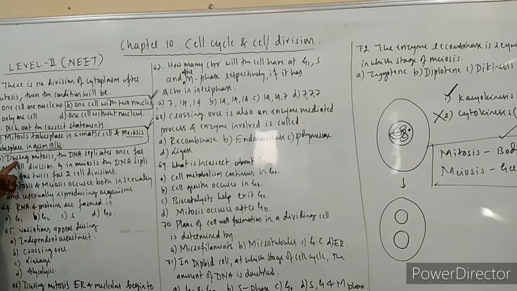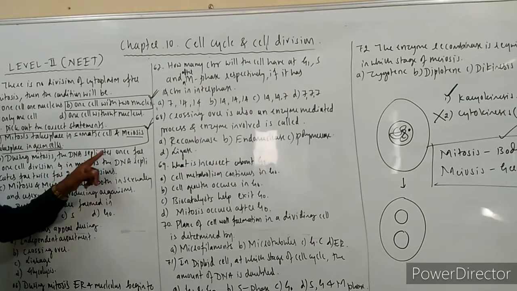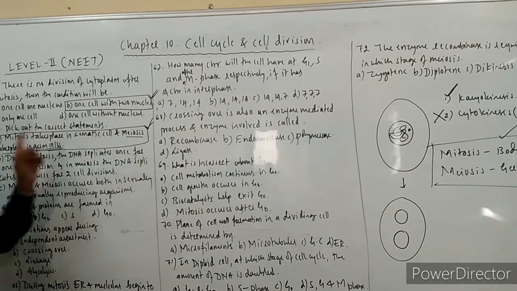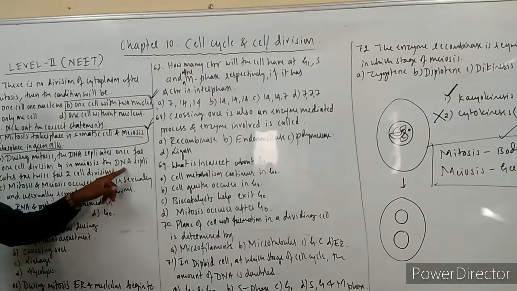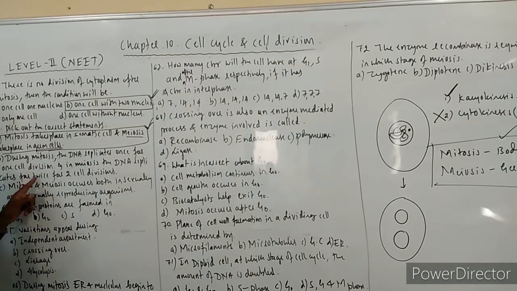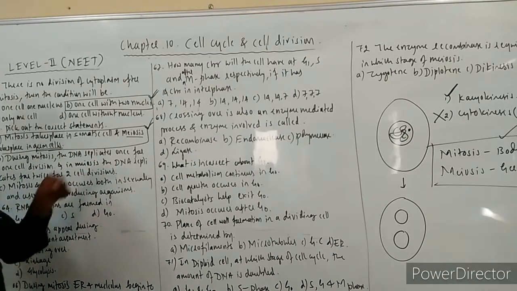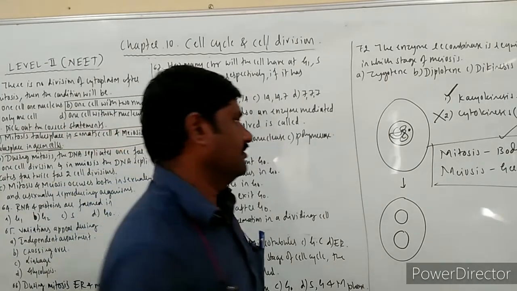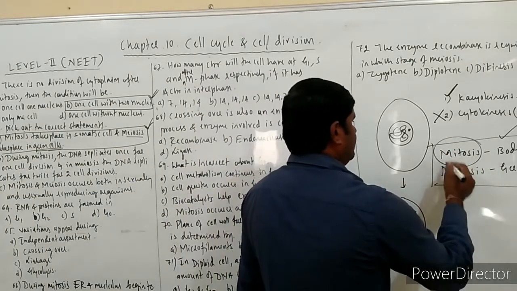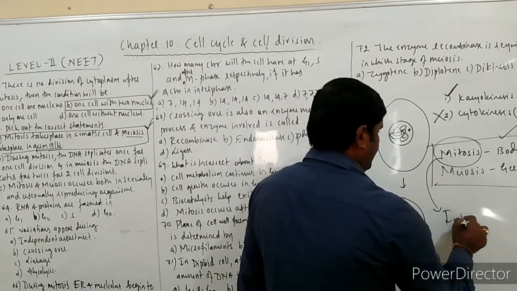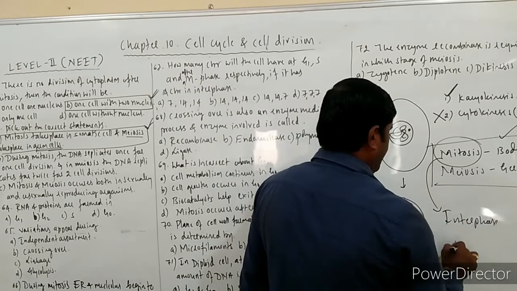What about the next statements? You have to analyze whether they are right or wrong. During mitosis, the DNA replicates once for one cell division. Of course, that is right. In meiosis, the DNA replicates twice for two cell divisions, he says, but it is wrong. In mitosis we come across interphase as well as M phase.